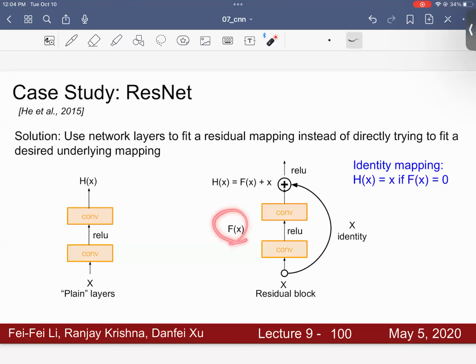You just need to learn the difference. You keep the core information and you just gradually manipulate it so that you have the final representation vector that is ready to do whatever task you need, carefully and incrementally manipulating it using only the difference. So this function now needs to learn the difference, which is a very small value.